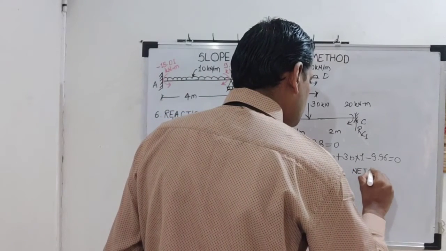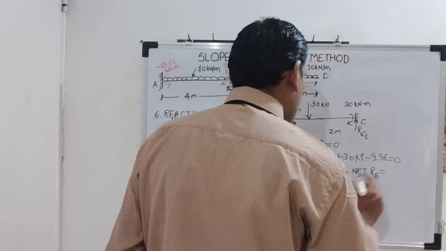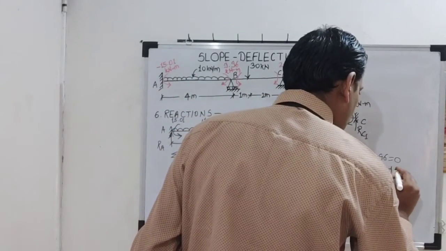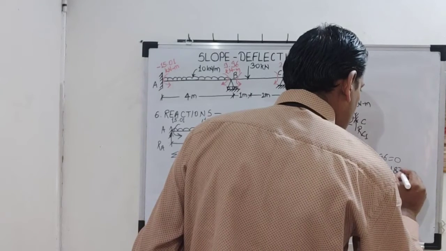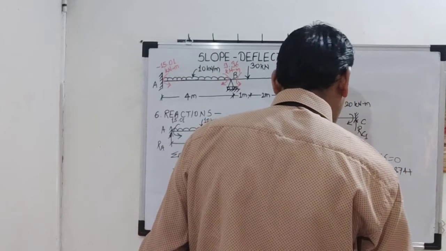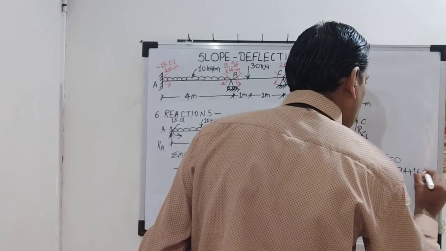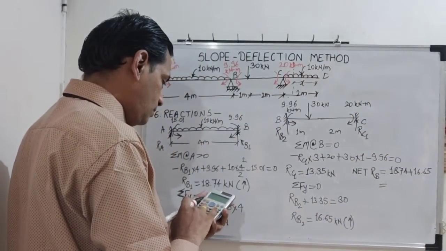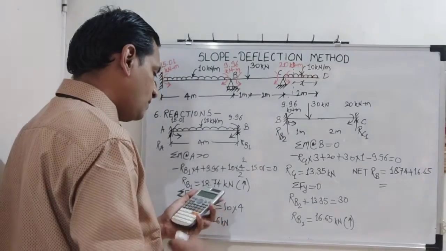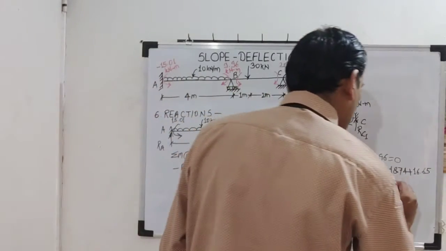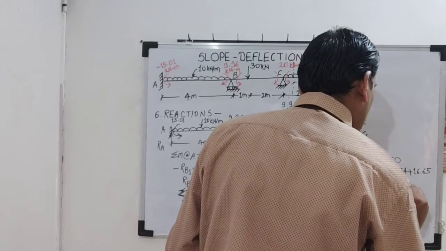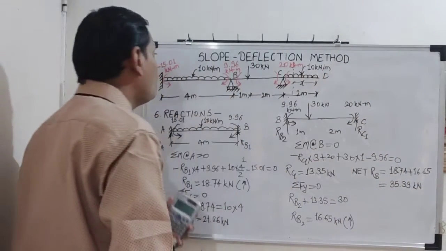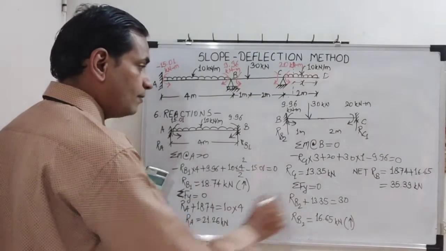Net RB is RB1 plus RB2. So how much is RB1? 18.74 plus RB2 is 16.65. So find out this. So it is 35.39. Okay, 35.39 kilonewton. So two reactions we have found, RA, RB.